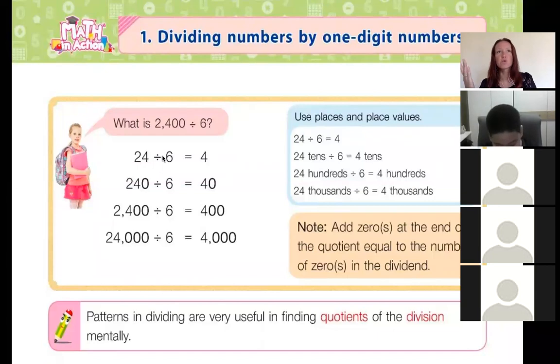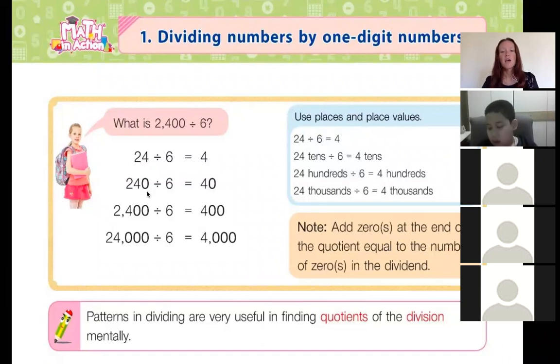Tell me. 4. Yes, 4. 6 times 4 is 24. That's why we just swap it, and 24 divided by 6 is 4.